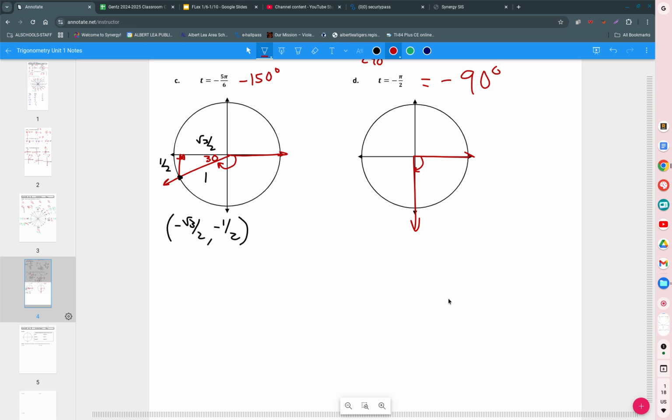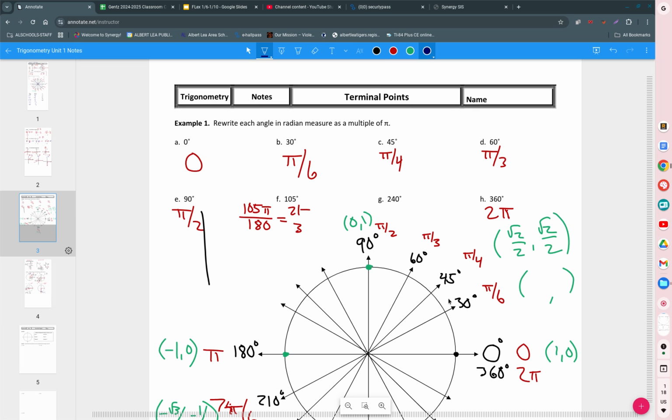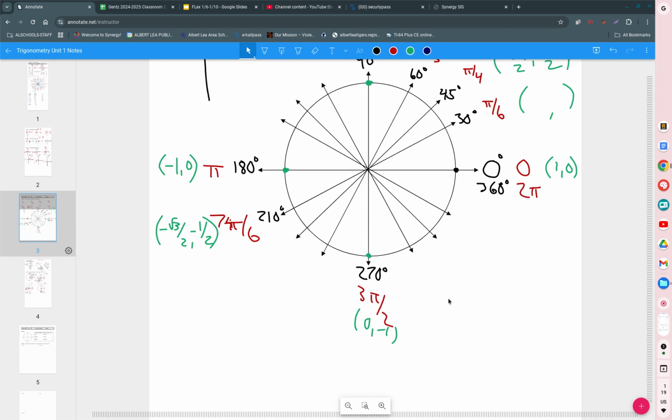You don't need to draw a triangle here. We're just wondering, where does it cross this spot? And we know what that spot is. What is that spot? 0, negative 1, yeah. We've already written that down on our circle. It's already there. It's right at the bottom, 0, negative 1.